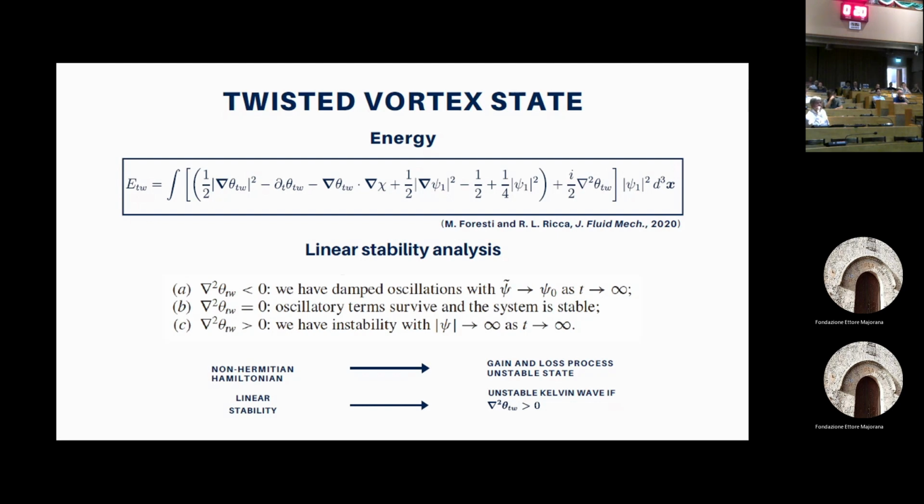The Hamiltonian that leads the dynamics is non-Hermitian. That means that we have some sort of gain and loss processes, and we have an unstable state in the region where the Laplacian is greater than 0. We discovered this by performing a linear stability analysis.